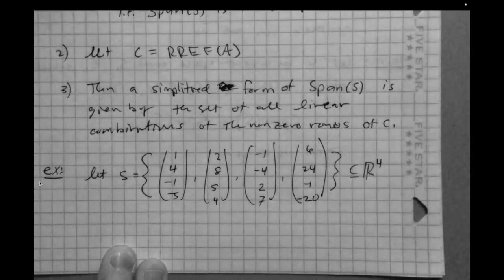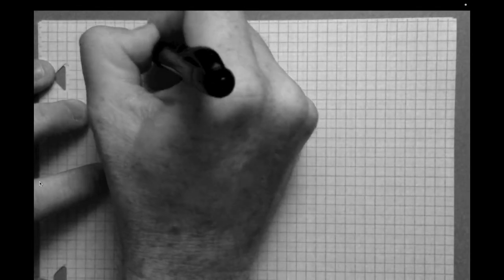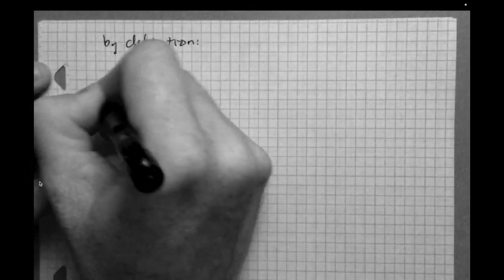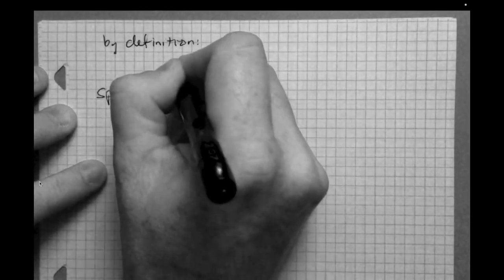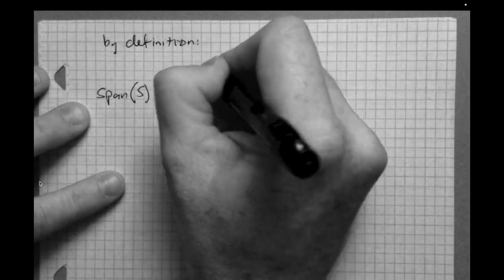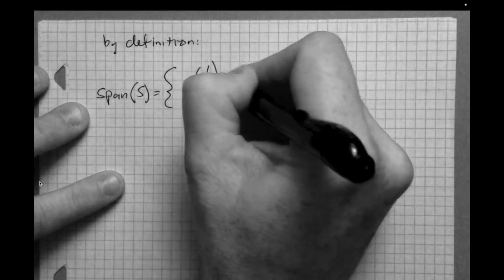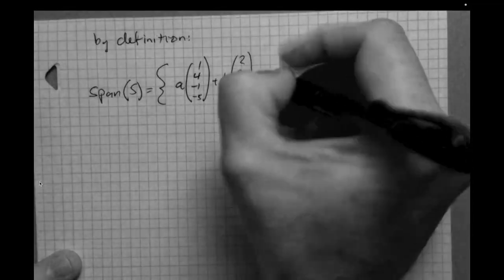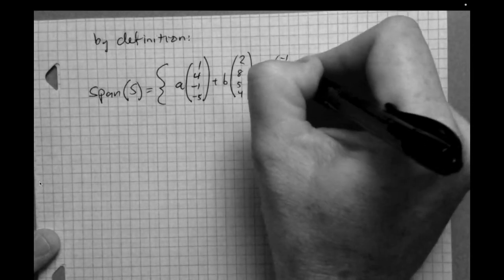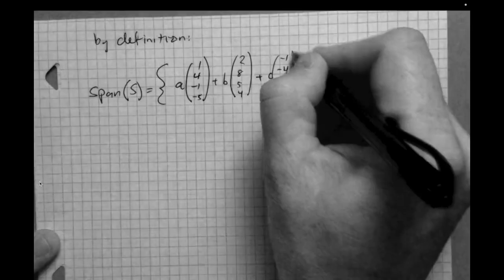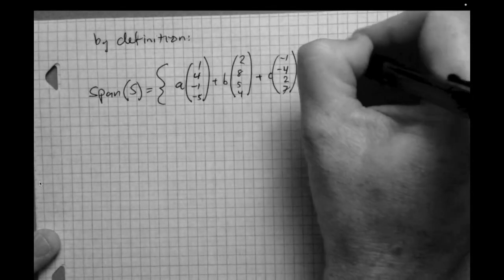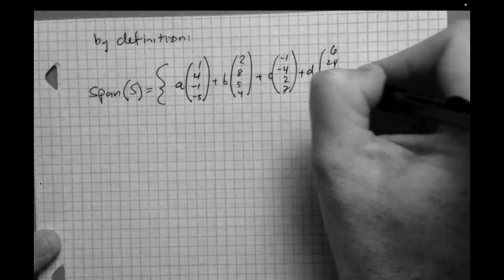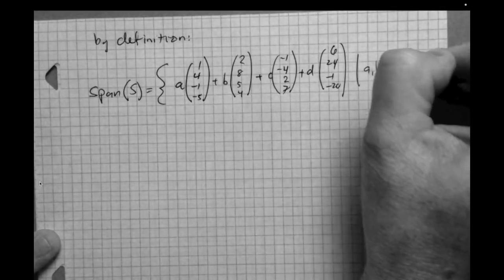So what does it mean? If this is my subset of R4, then by definition the span of S is equal to a times the first vector 1, 4, -1, -5, plus b times the second vector 2, 8, 5, 4, plus c times the third vector -1, -4, 2, 7, plus d times the fourth vector 6, 24, -1, -20, such that a, b, c, d are real numbers.